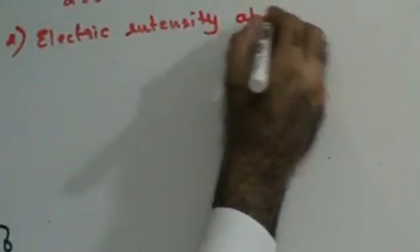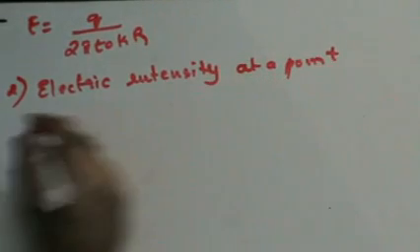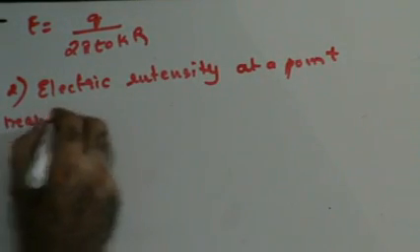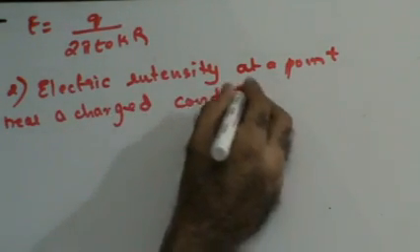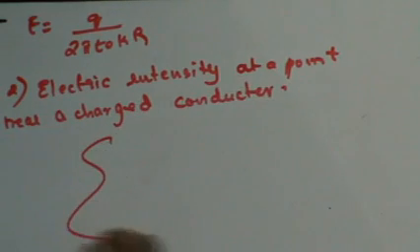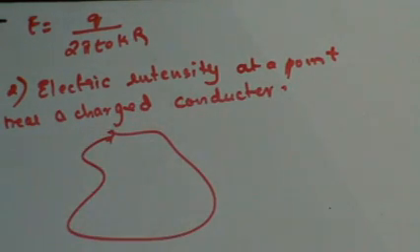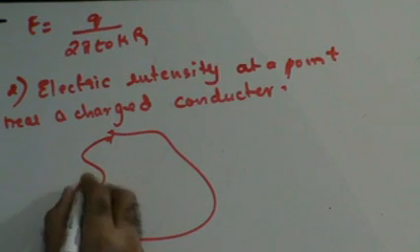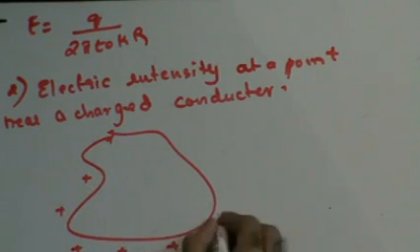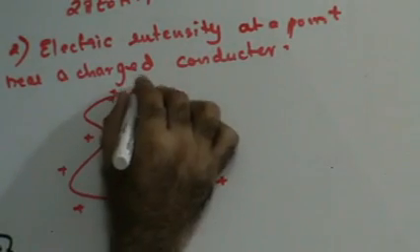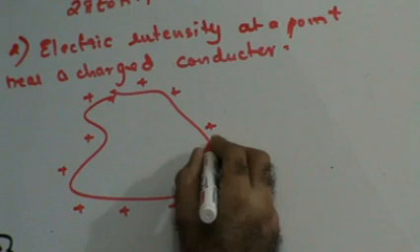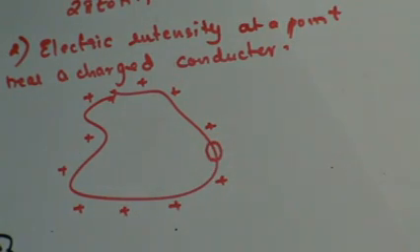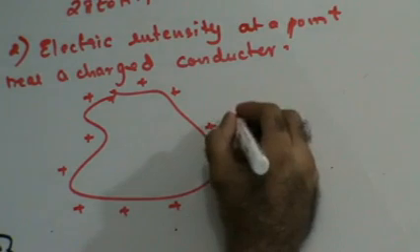Next, let's find out the electric intensity at a point near a charged conductor. Let's consider a charged conductor of any shape. Let's assume that it is carrying a positive charge. Let's take a small area ds on the surface of the charged conductor.